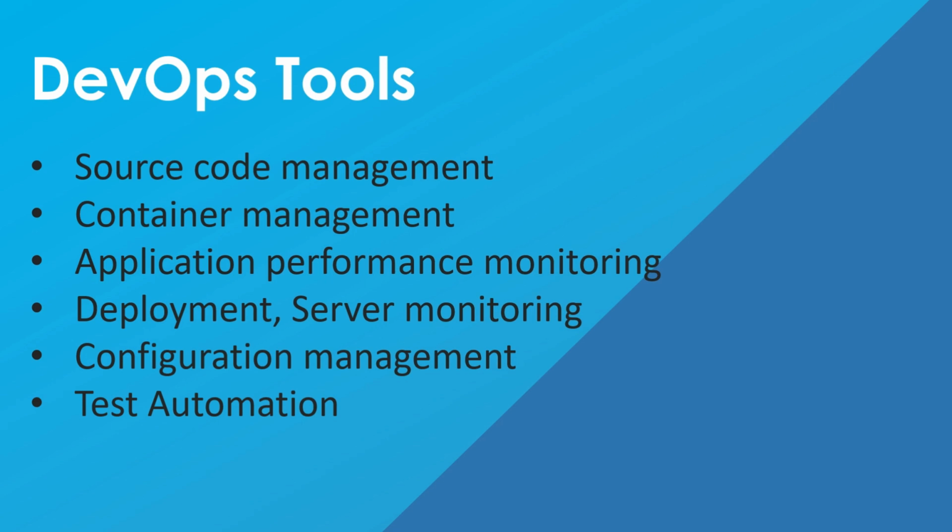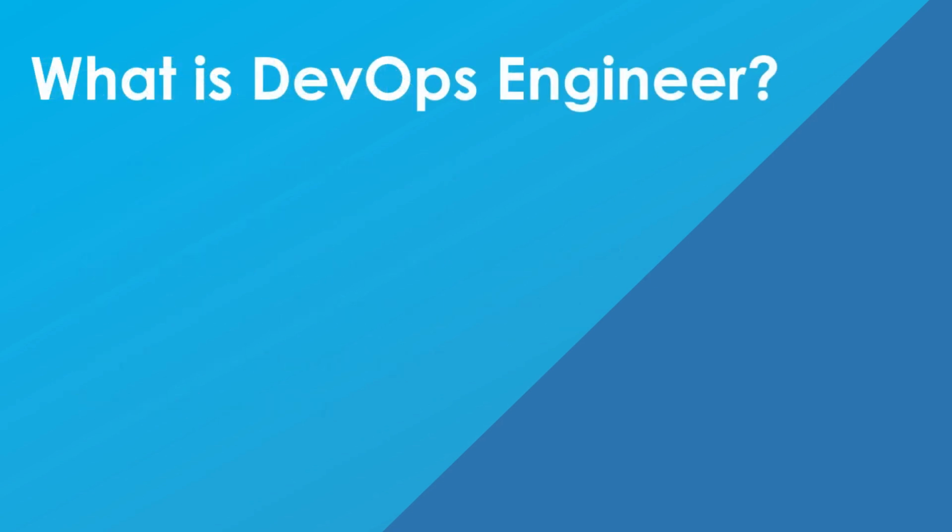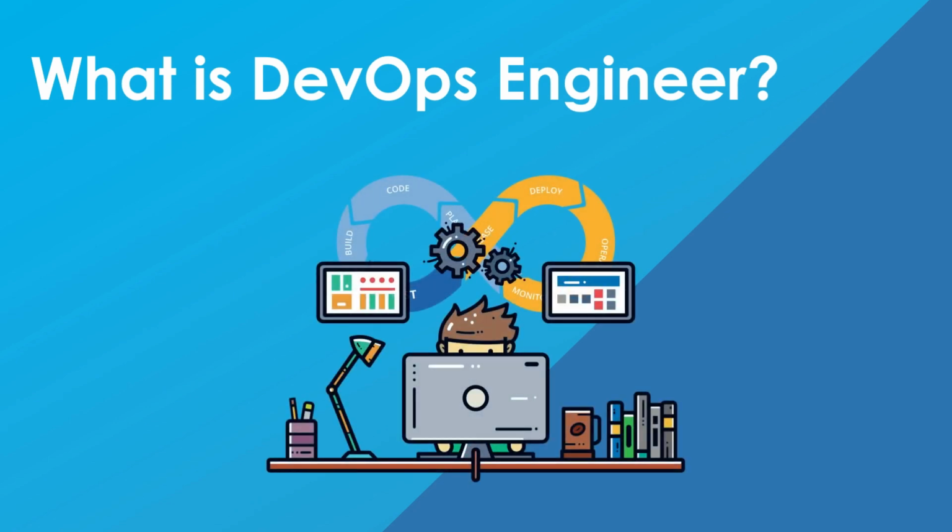Now, let's see, what is a DevOps engineer? So a DevOps engineer acts as a liaison between the various departments that contribute to the maintenance and development of software, in order to make updates faster and to write code that is easy to update and easy to access. DevOps engineers manage software development operations, implementing engineering tools, and knowledge of the software development process to streamline software updates and builds.